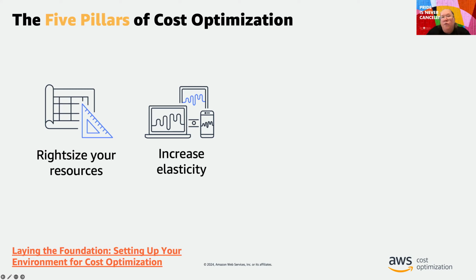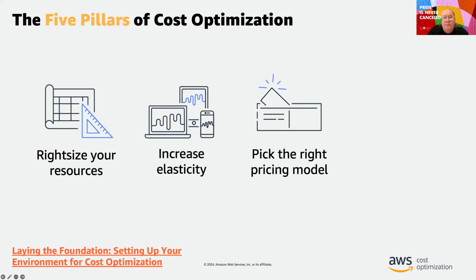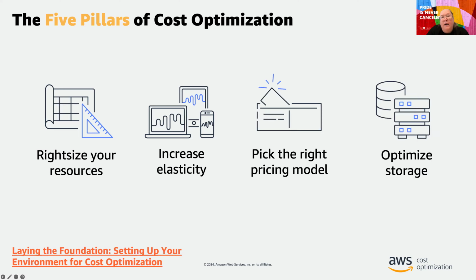How do you pick actually the right pricing for your company? Because the right pricing might be different based on if you're a startup, if you're a huge enterprise. Let's say that you're working for healthcare, the right pricing and right sizing might look different. And of course, how do you optimize your storage usage?